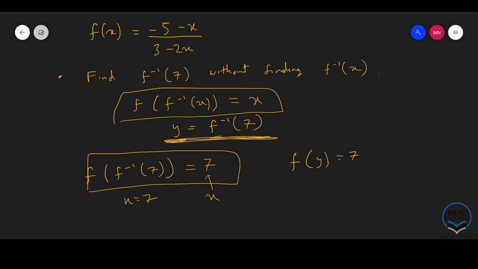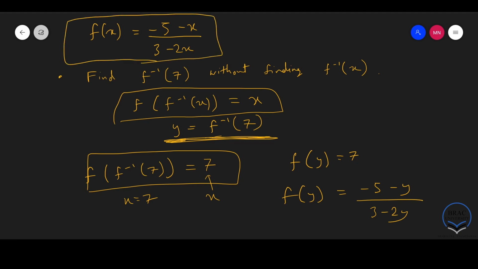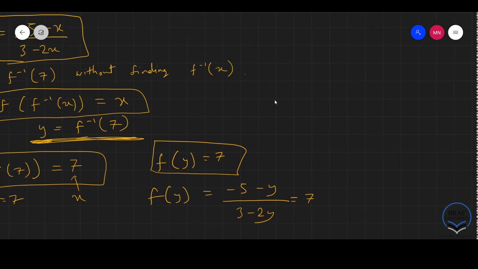So we can find f of y, which is just (minus 5 minus y) over (3 minus 2y). All we did is just replace the x here with y, because we're considering y to be the input now, right? So f of y is equal to this, which is equal to 7. Right.